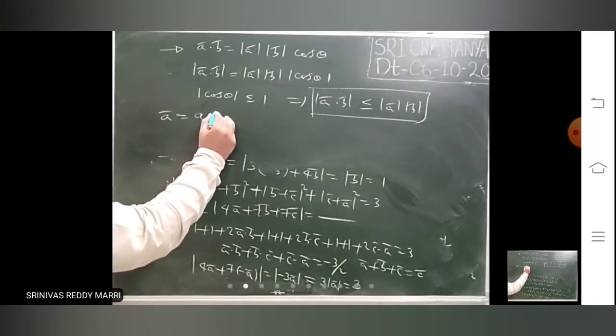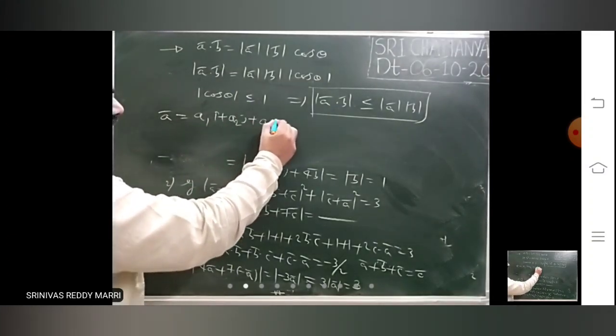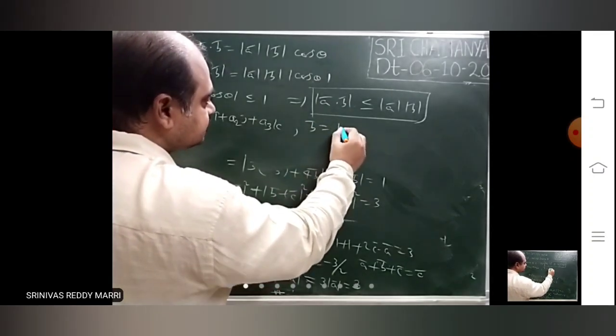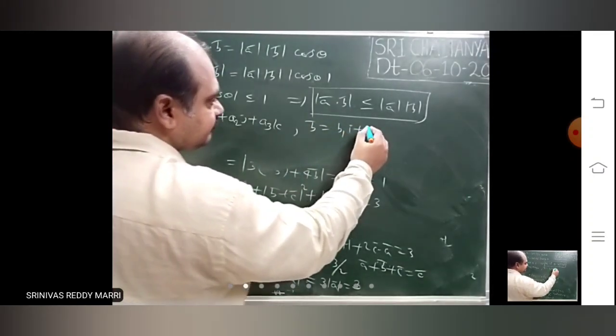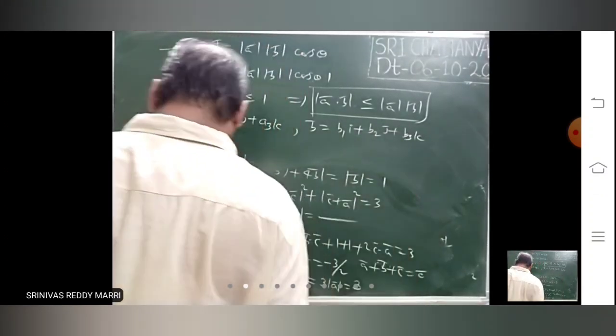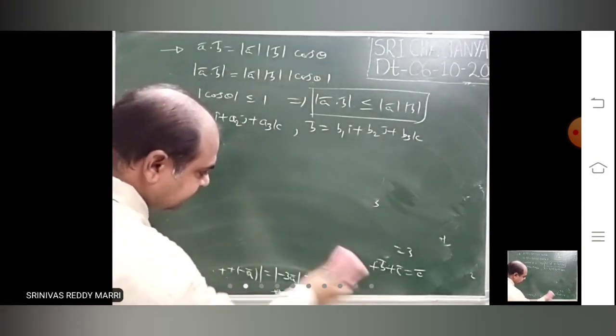Let us say A bar equals A1 i plus A2 j plus A3 k, and B bar equals B1 i plus B2 j plus B3 k. Two vectors are there like this.